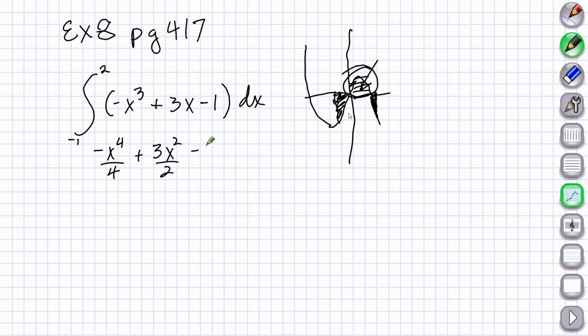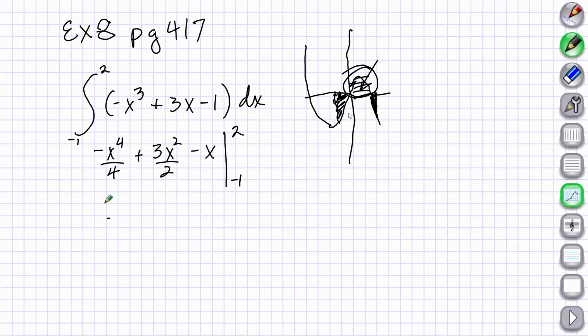And that's why people love integration so much. Substituting that in, and then take away the bottom. So it's the calculation of the top minus the calculation of the bottom.